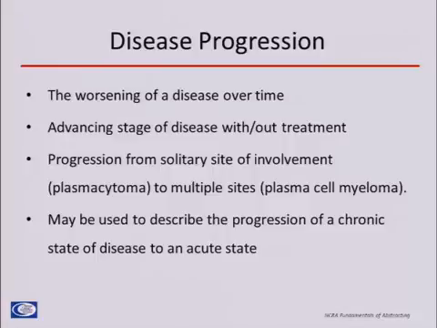Even if you have 2, they'll call it solitary. They won't call it plasma cell myeloma yet. It has to meet a certain diagnostic threshold of disease burden, how much disease is in the body, before it meets the criteria for being a plasma cell myeloma. But that's progression from solitary to disseminated disease.